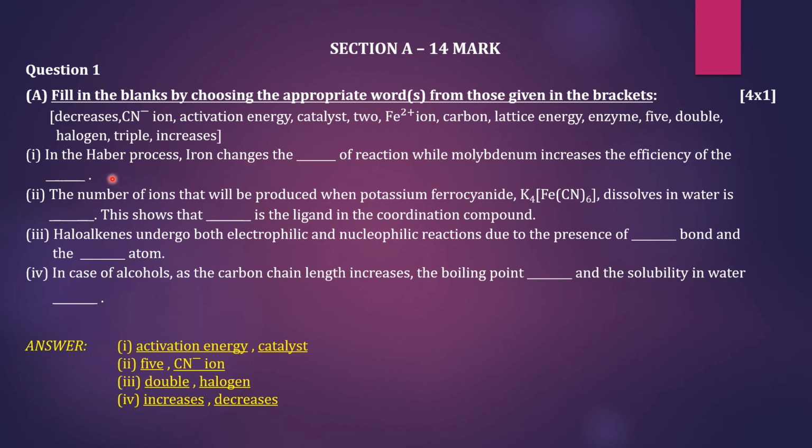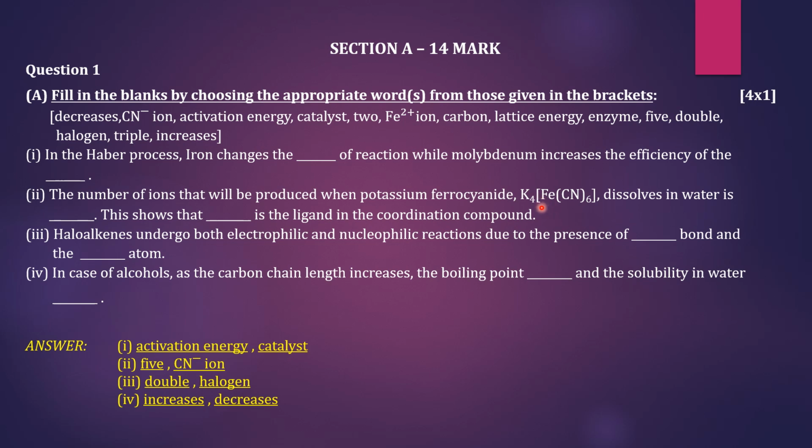And in Haber process, molybdenum is used to support this iron so that it can work efficiently. That is why it is known as promoter. So the second blank will be molybdenum increases the efficiency of the catalyst. Now question number 2, the number of ions that will be produced when potassium ferrocyanide dissolves in water.